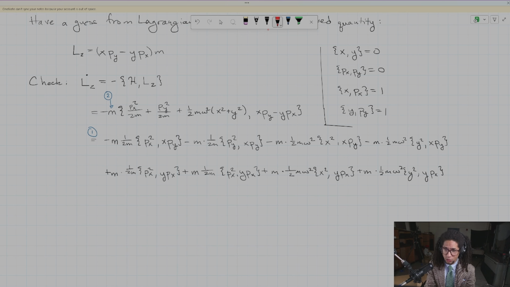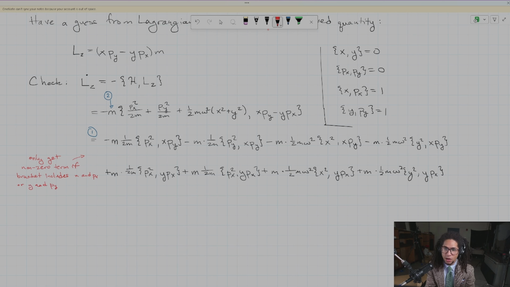So we'll only get a non-zero answer, or let me say a non-zero term, if the bracket includes x and px or y and py. Otherwise, it's definitely going to be 0.